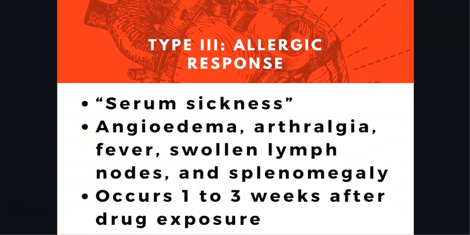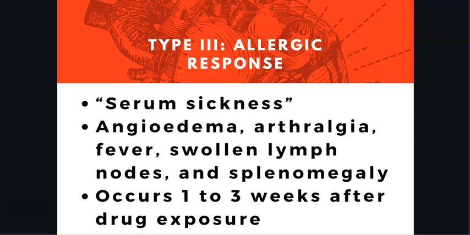Then you have the type 3 allergic response. That one, it feels more like a serum sickness. It takes longer. It usually happens in about 1 to 3 weeks after that drug. So maybe they come in and they're complaining like they've got fever and their lymph nodes are all swollen and they're feeling just really yucky. And you started a medication on them like maybe a week ago. Maybe you started some penicillin and now they're feeling like crap.